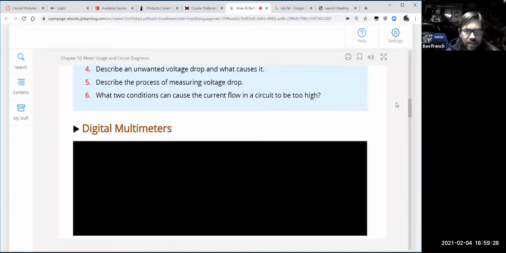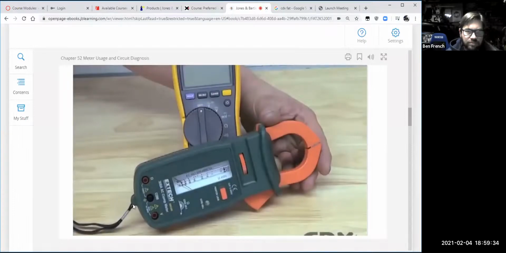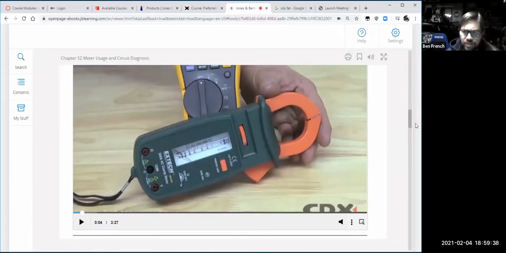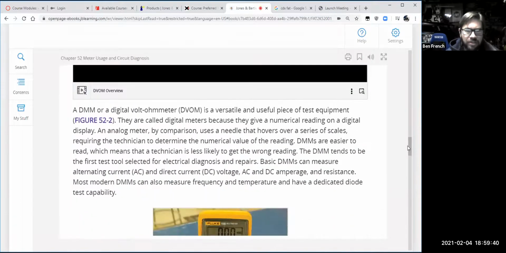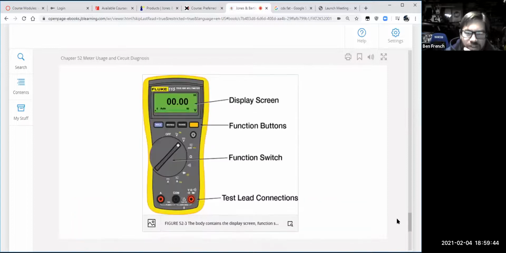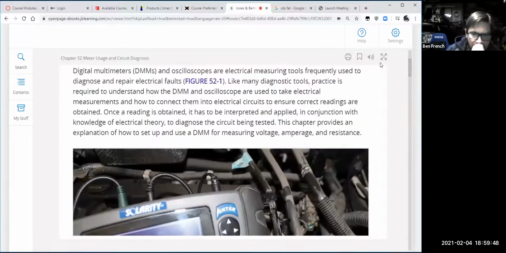But if you scroll down, there are also built-in video clips. There are two major types of voltmeters. Okay. So when you go in the book mode, they're embedded in there. And it's got all kinds of figures and that type of stuff. So that's one way to use this.